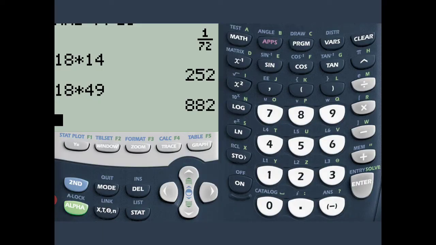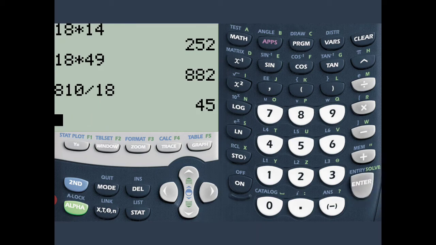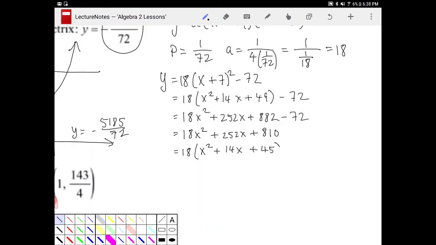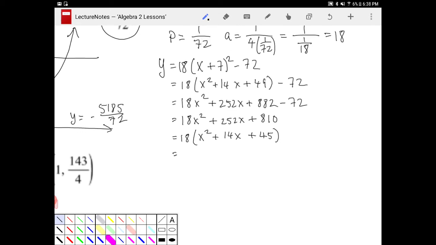So 810 divided by 18, 45 times. So I have to factor this. What two numbers multiply together to get you 45 but add to 14? That would be x plus 9 and x plus 5. There you go.